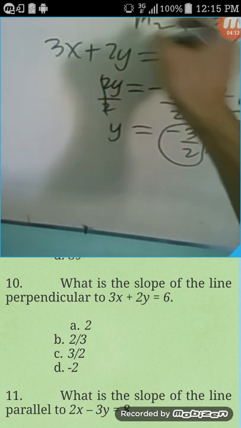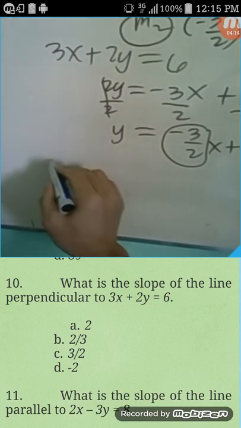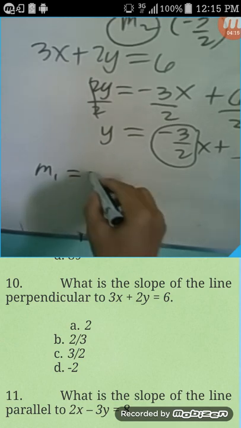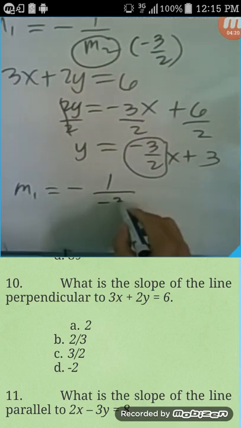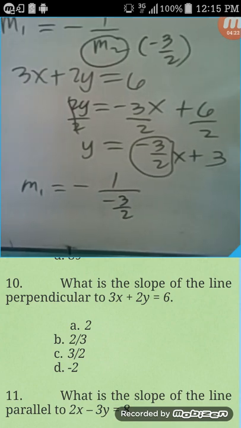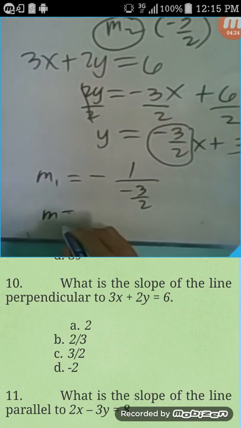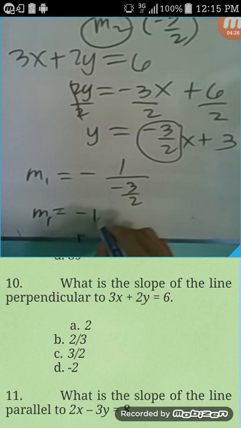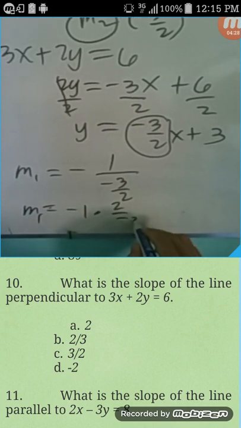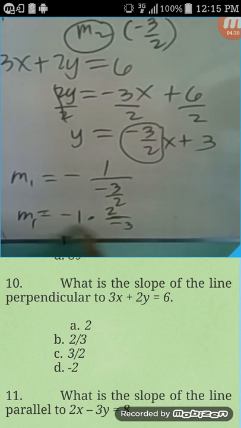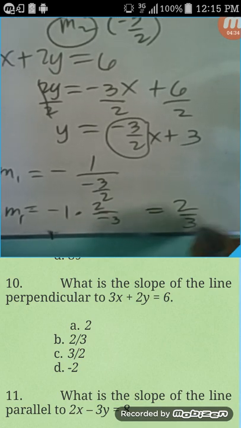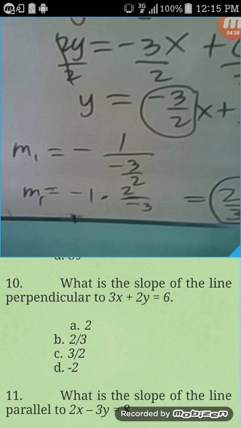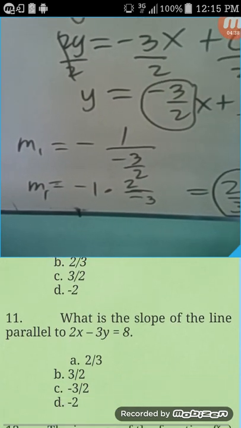Substituting, m1 must be negative 1 over m2, which is negative 3 over 2. You know how to divide fractions. So m1 is equal to negative 1 times 2 over negative 3. Multiplying the two negatives gives you positive, so we have 2/3. That is the slope of the other line. So we have letter B, which is 2/3.